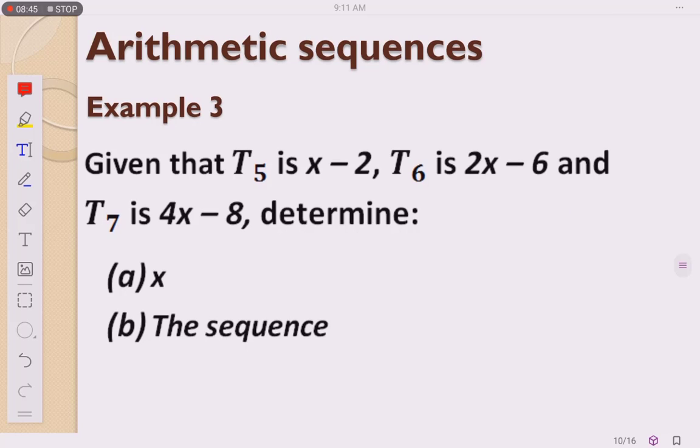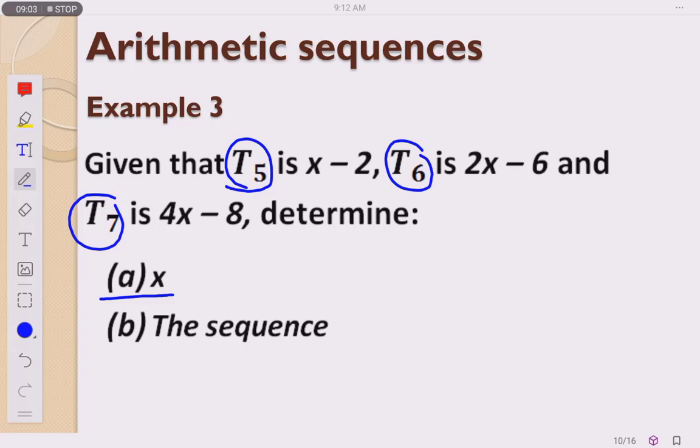This one, we've got T5, T6, and T7. They want us to find the value of x and also the sequence. It's not difficult. We will do what we have been doing.